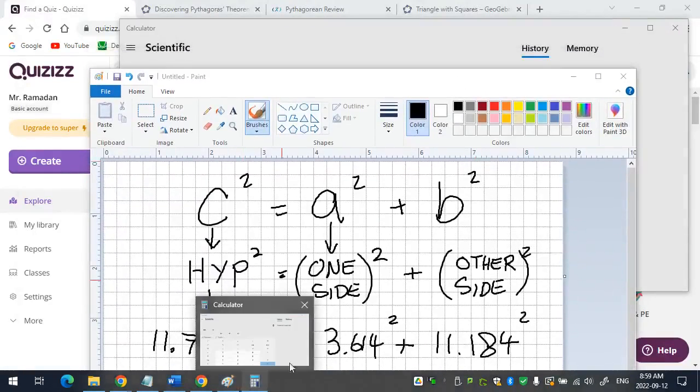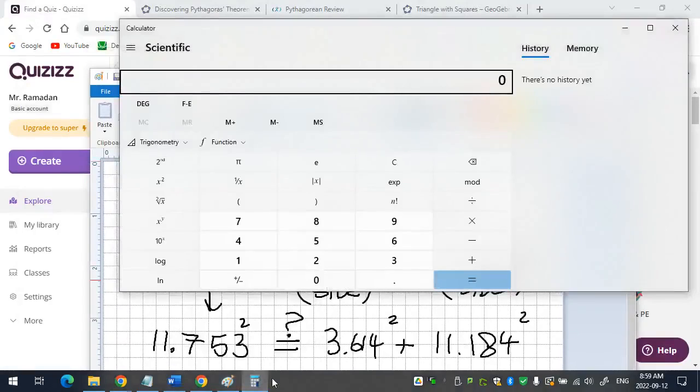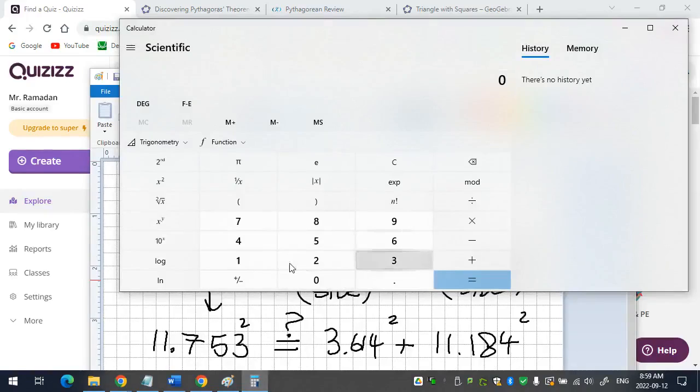Okay, all I have to do is add these up. Can you tell me if this is correct, everyone? Can you look up here? Everyone, eyes up here. Shadi, eyes up here. Okay, is this correct? 3.614 plus 11.184 equals, and then square.